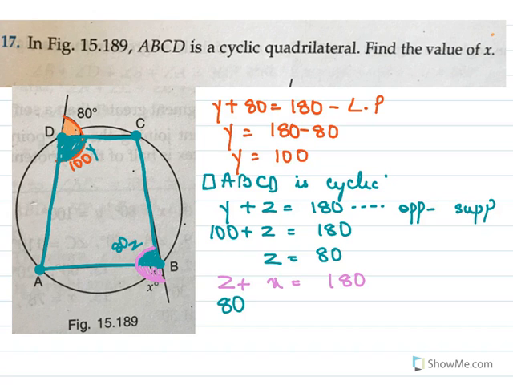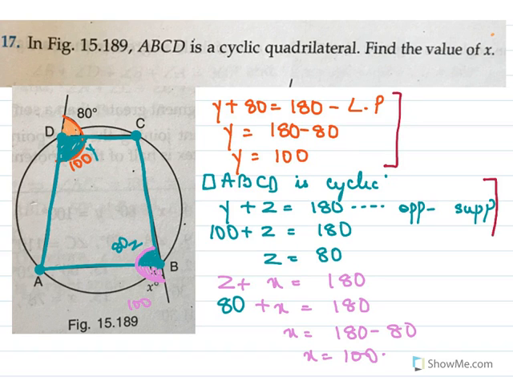So we'll write 80 plus X equal to 180. So your X is 180 minus 80. So X is 100. So this is 100. So to just recap, we first use linear pair, then we use the property the opposite angles of cyclic are supplementary, and then we use linear pair again.